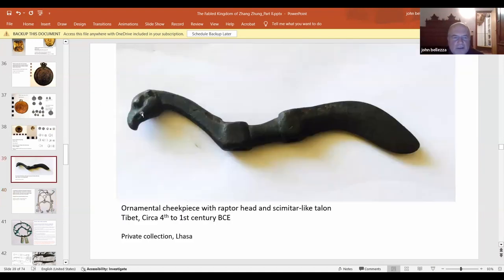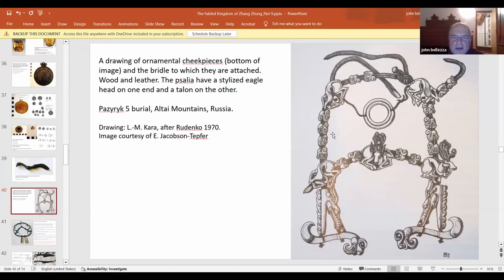The Tibetan one, the ostensibly Tibetan one, is more stolid, heavier in construction, and not as gracefully modeled as the examples from the Scytho-Siberian cultures in the Altai. But again, we see certain resonances in design and probably function.